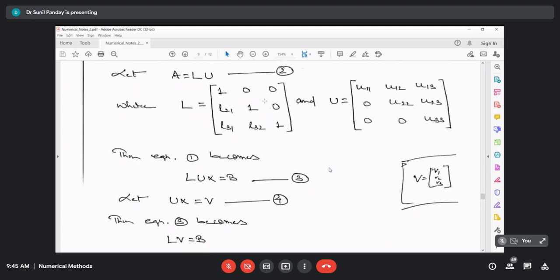How we will calculate this, we'll discuss. First, what are the benefits we are getting from doing this?